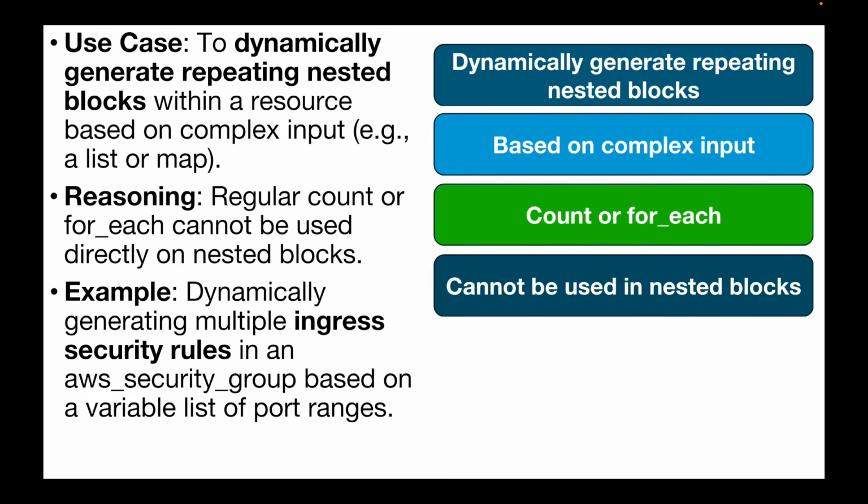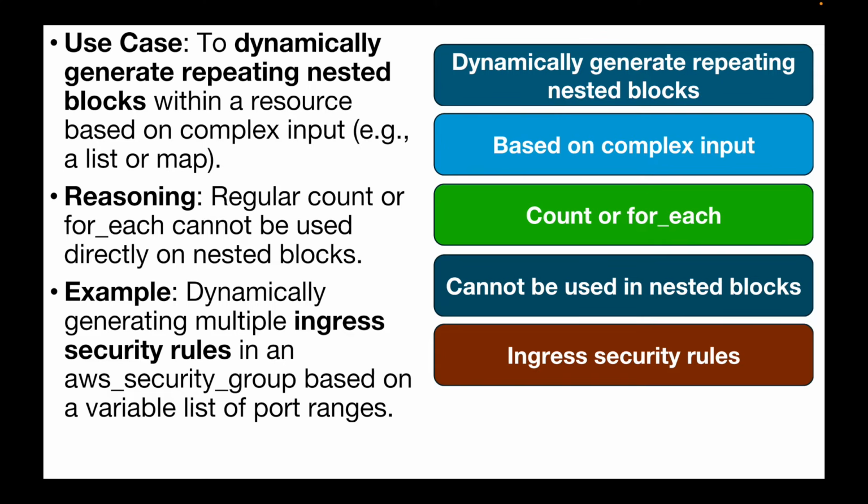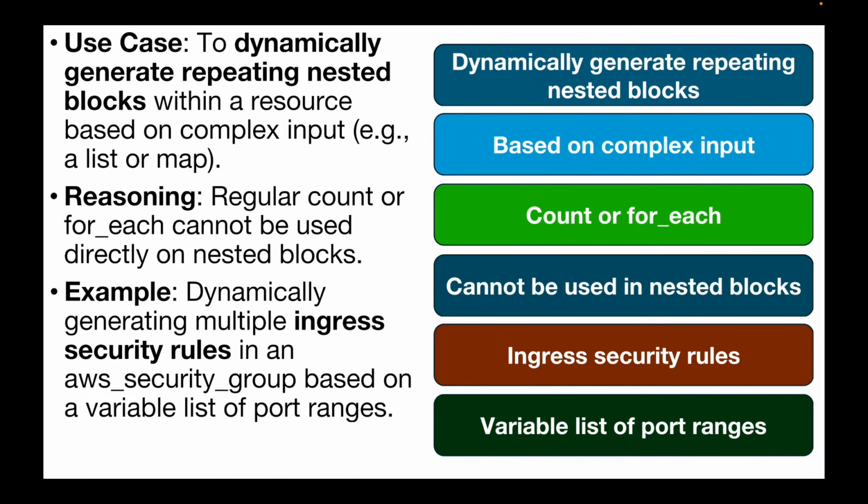For example, you want to dynamically generate multiple security rules in aws_security_group based on a variable list of port ranges. That's where we can make use of dynamic blocks, because in this case for_each and count cannot be used in your nested block. So whenever you want to repeat resource creation within nested blocks, we can make use of dynamic blocks.